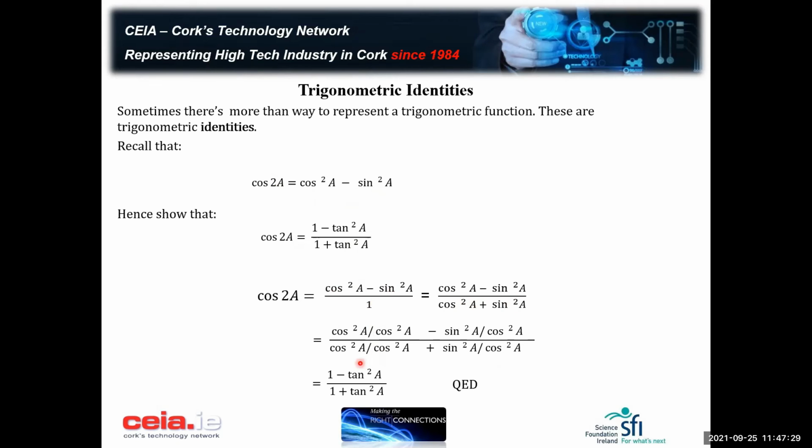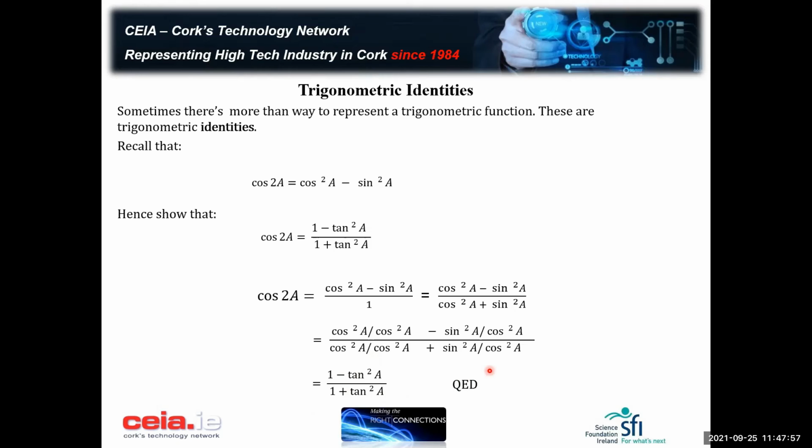And then you divide above and below by cosine squared in order to get the ones here that you were looking for. And when you do that, you also get the sine squared over cos squared on this side, which is the tan squared you were looking for. And that's your answer then, 1 minus tan squared over 1 plus tan squared.